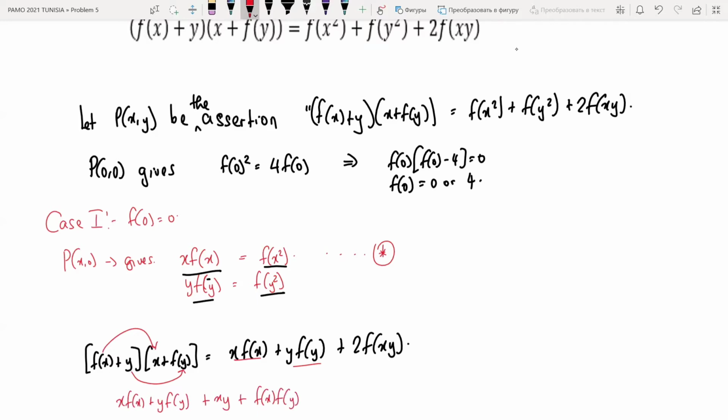It's equal to the right hand side, which we write here. So from here, as I said earlier, this can go out with this. This can also go with this. So what are we going to be left with? We're going to be left with xy plus f of x f of y is equal to f of xy.